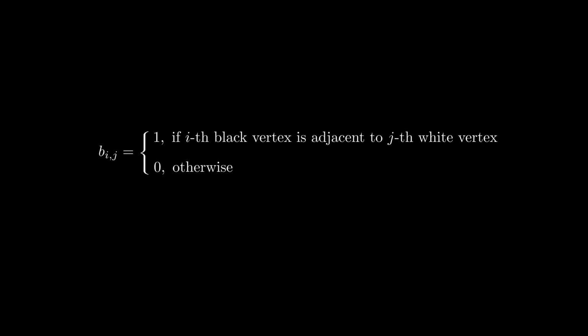To do this, we will need a couple more definitions. We define Bij to be 1 if the ith black vertex is adjacent to the jth white vertex, and otherwise 0. Then, for our permutation sigma, we can just take the product over all B_{i,sigma(i)}. If the permutation corresponds to a perfect matching in our graph, the product will be equal to 1.